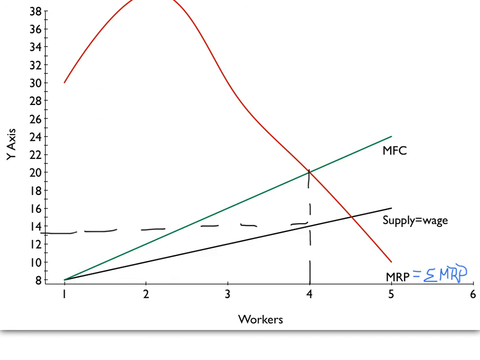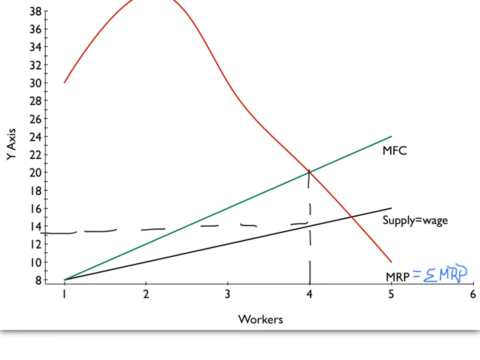Well, if we were to snap our fingers and change this monopsony into a perfectly competitive factor market, this line isn't going to change. The marginal revenue products of all the firms in the industry would be equivalent to the marginal revenue product of the single monopsonist.